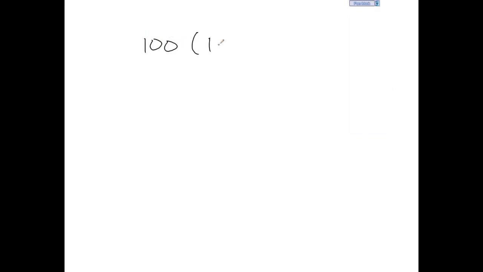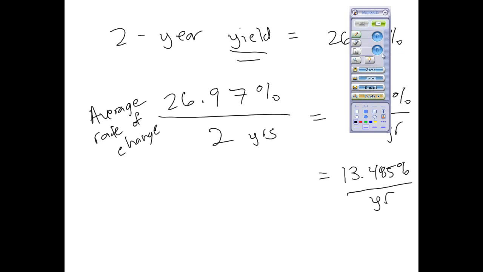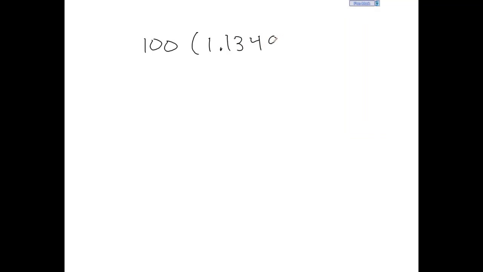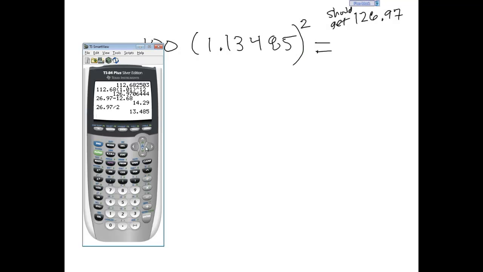So if I took my $100 and I multiplied it by 1.13485, so 13.485% per year, and I did that for 2 years, I should get what? Well, I should get $126.97.